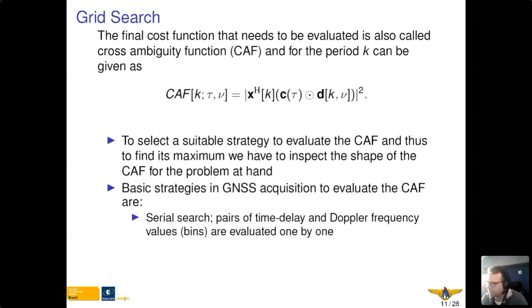So we go through all these pairs of time delay and Doppler tuples of these values. They're also called bins when we talk about acquisition, but they can be tuples or pairs. In the literature you will find delay bins and Doppler bins as the exact values of the grid search that we apply.